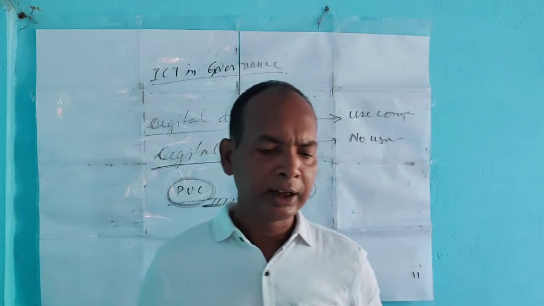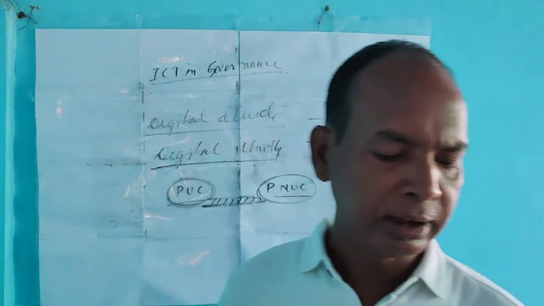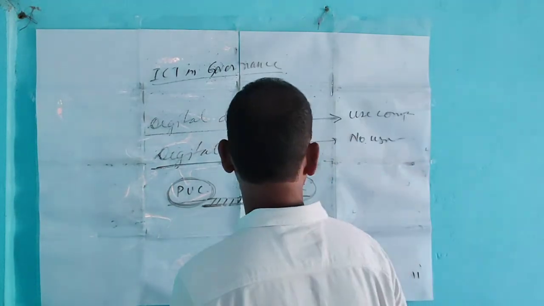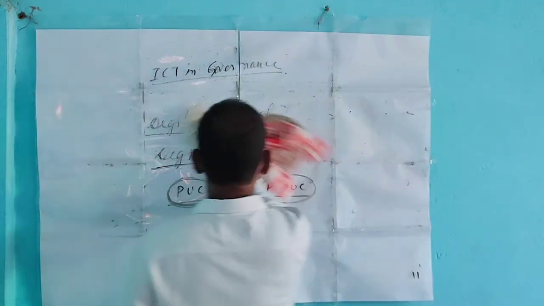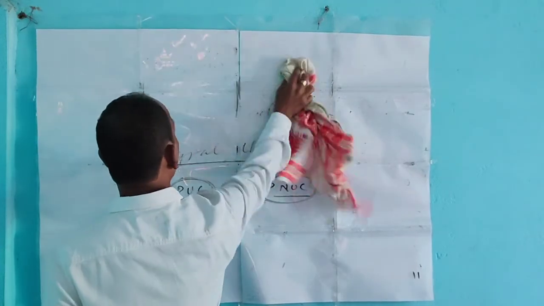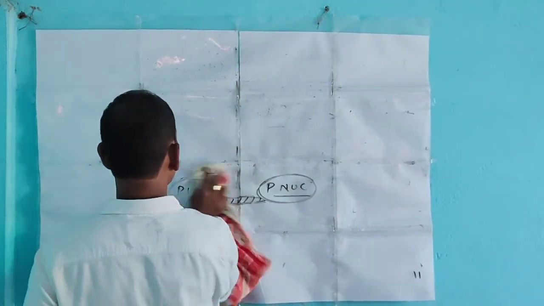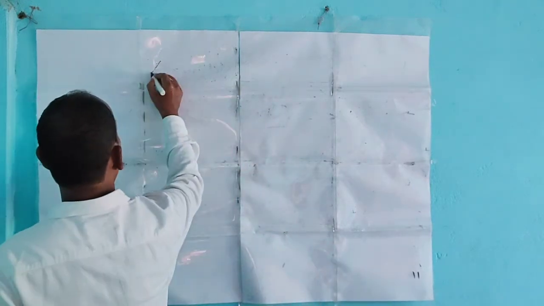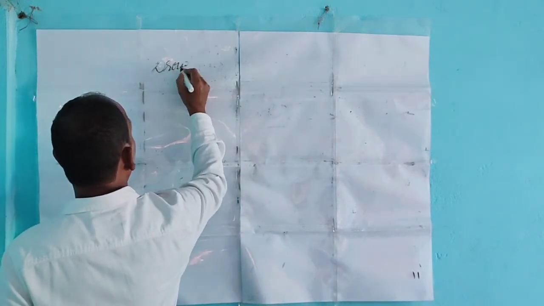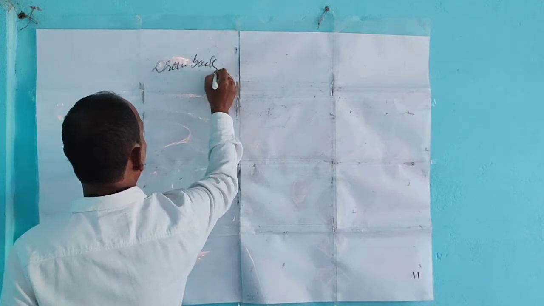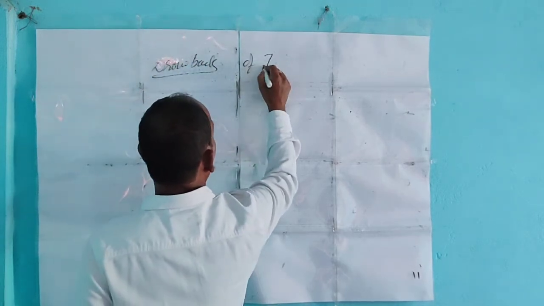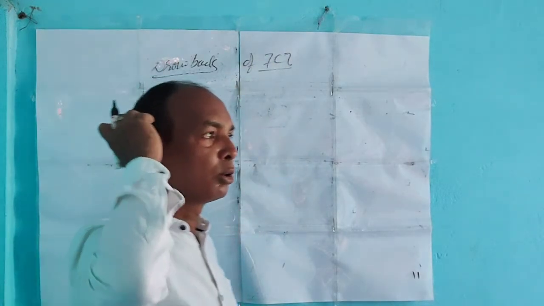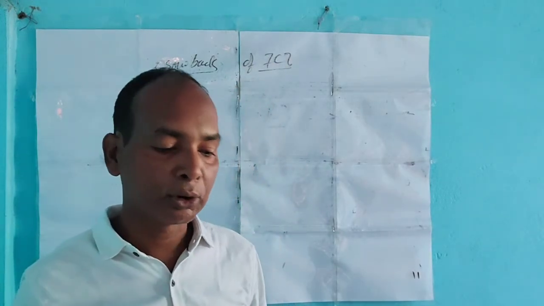If there is an advantage, then there is some drawback also. There is some drawback of ICT. What is the drawback of ICT? If there are good things, there are some bad things also.